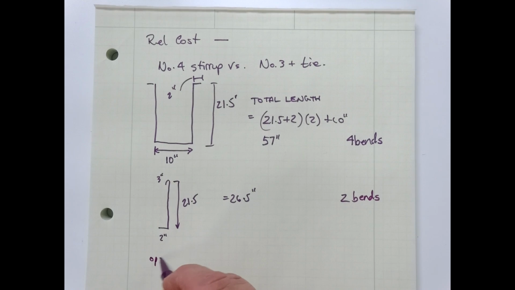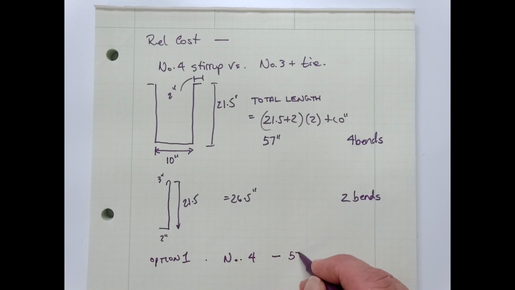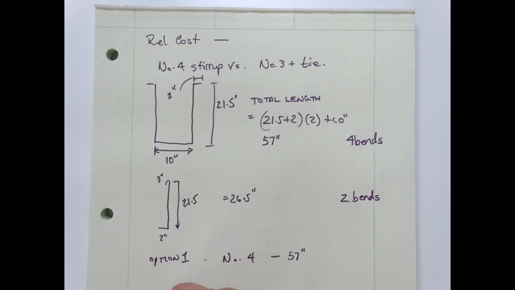So option 1 is a number 4 stirrup, and that number 4 is 57 inches long. And option 2 is equal to number 3 stirrup, and there's 4 bends. And the total length is 57 plus 26.5, and the number of bends is equal to 6, right?